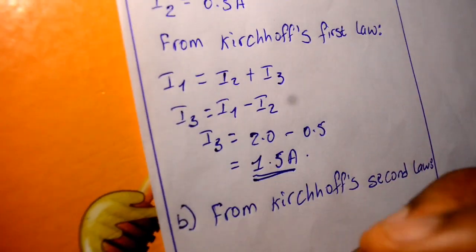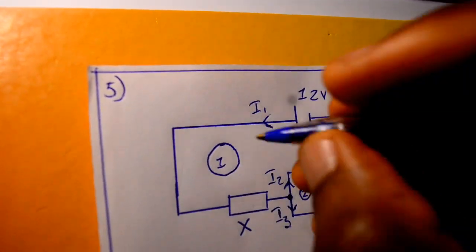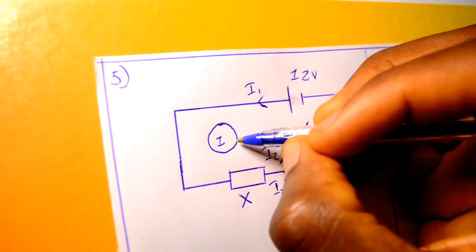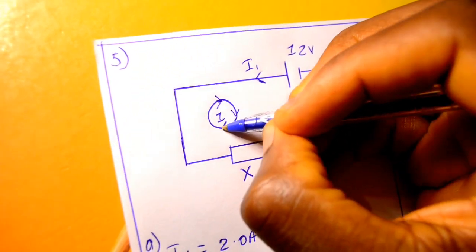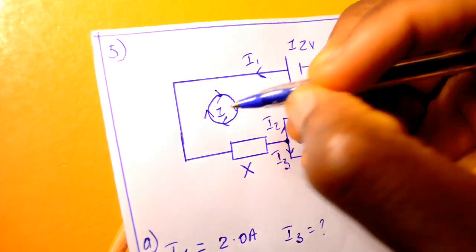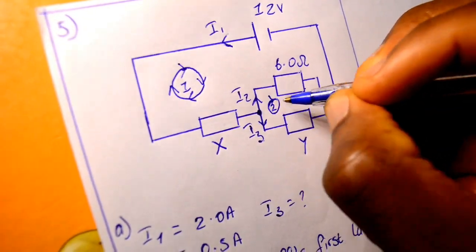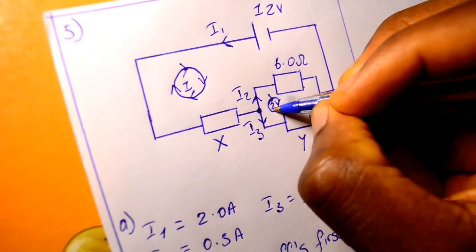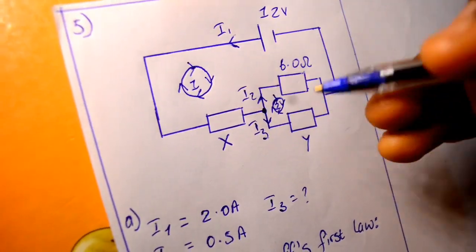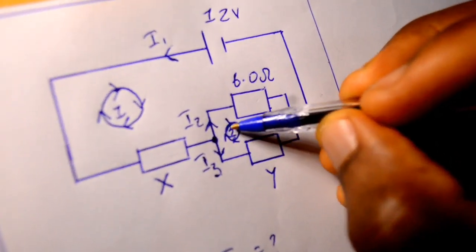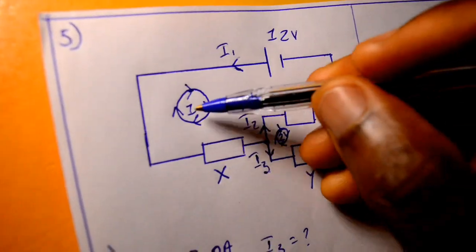Here you assume the clockwise direction. So the clockwise direction goes like this, like this, like this, and like this. This is the clockwise direction of the first loop and the clockwise direction of the second loop. This is loop 2, this is loop 1.